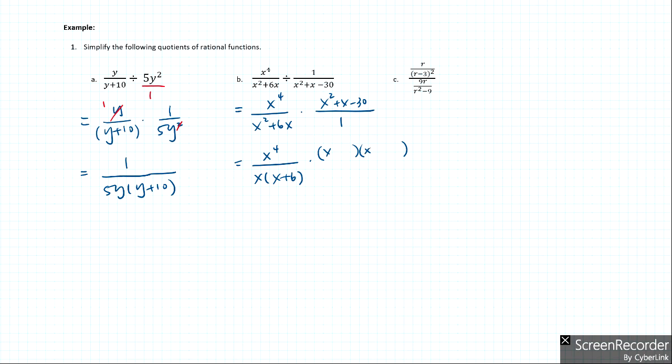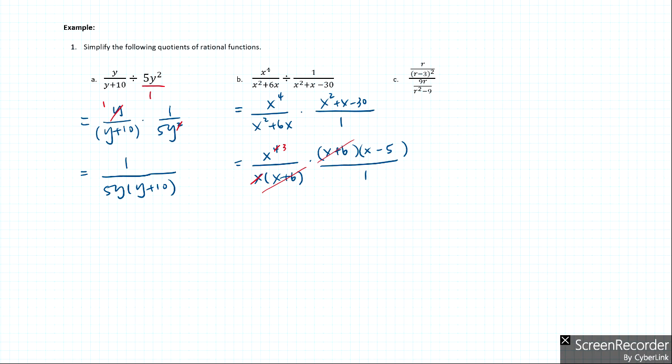Here we have x and x, and the two numbers that multiply to negative 30 and add up to positive 1 are positive 6 and negative 5. And this is all over 1. Then we can go ahead and cancel things out. We have x plus 6 and x plus 6 cancel each other out, and then we also have x to the 4th and x, which share a factor of x, so we cancel that out, and we have x cubed left, because there are 4 x's multiplied on top initially.